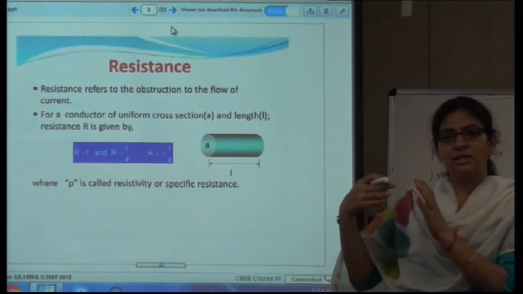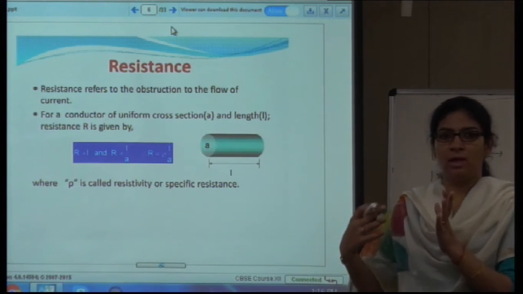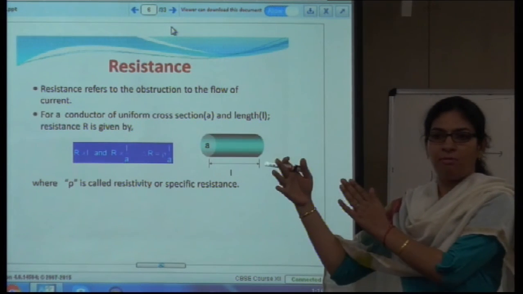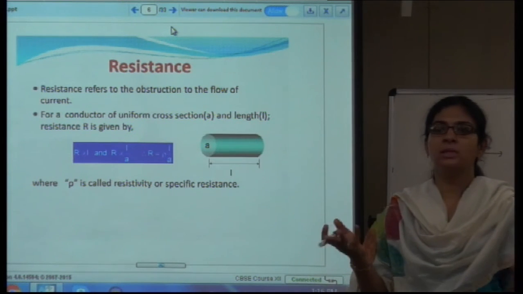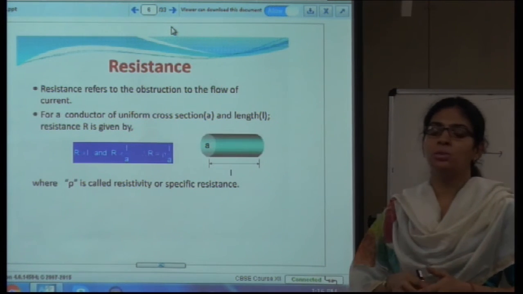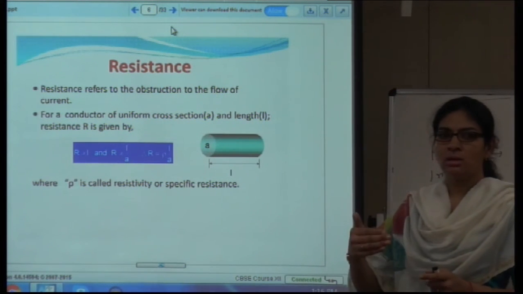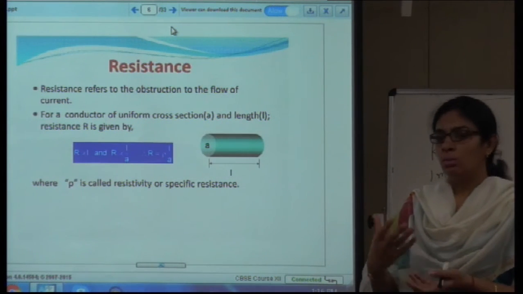In physics you get such multiple choice questions, that you have wires of different lengths, then which will offer more resistance? Obviously the wire with more length will offer more resistance, and the one with lesser area of cross section will offer more resistance, right?